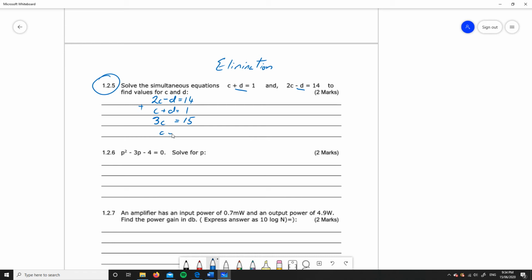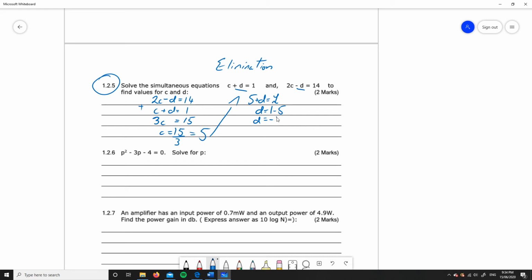So c equals 15 divided by 3, which equals 5. From there, all I need to do is put the c equals 5 into the equation above. So 5 plus d equals 1. So d equals 1 minus 5.